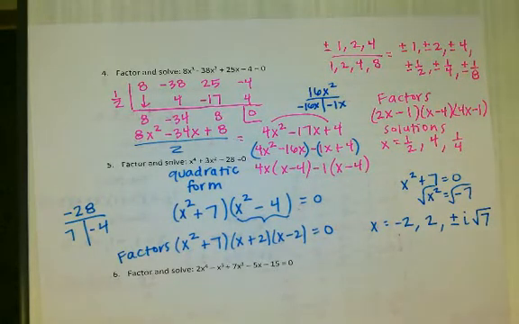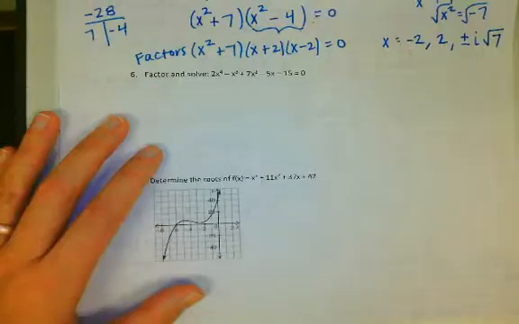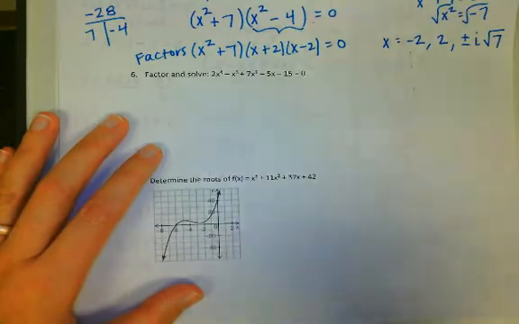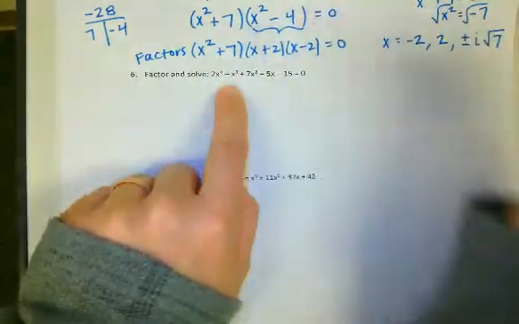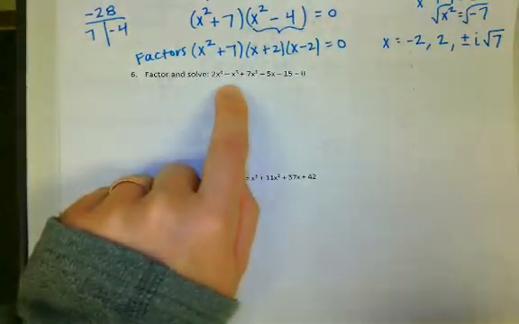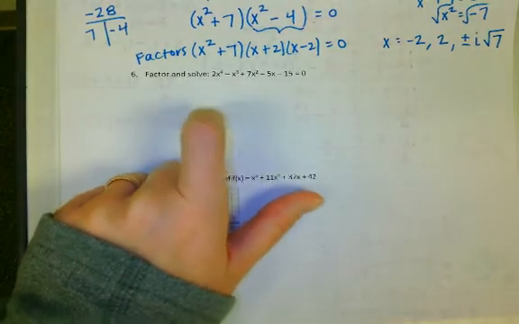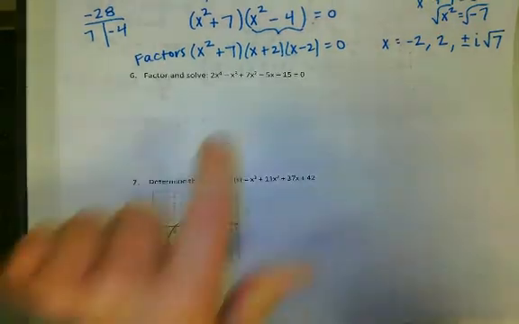Okay, let's try another one and see what we think. Okay, I can see that it is quartic. So let's go ahead and start by listing our possibilities. Let me switch colors here.